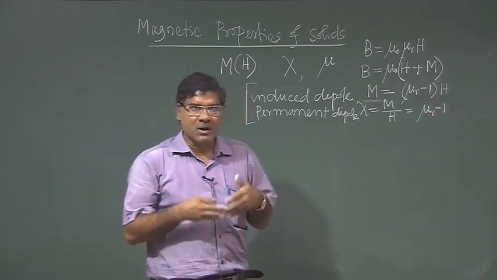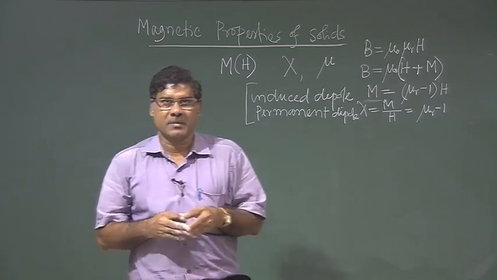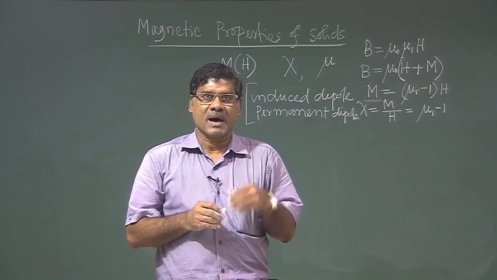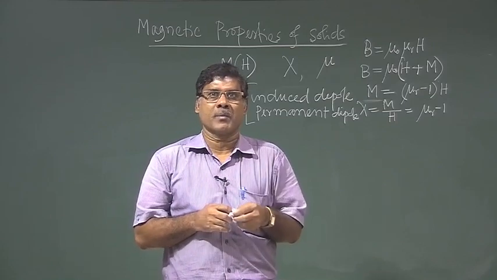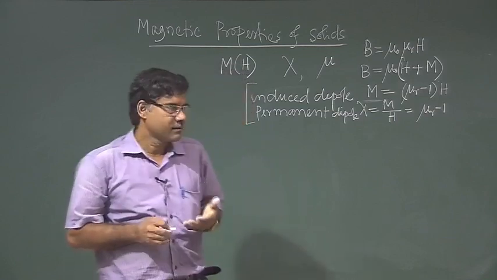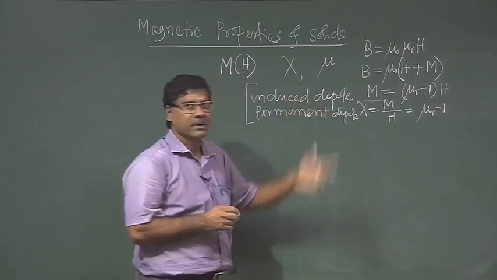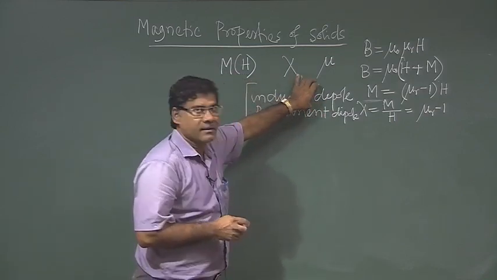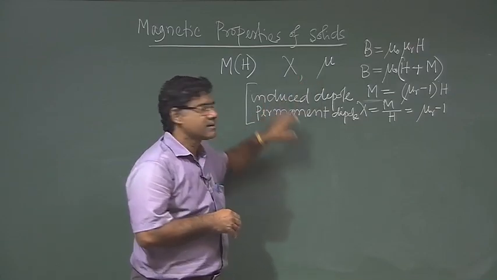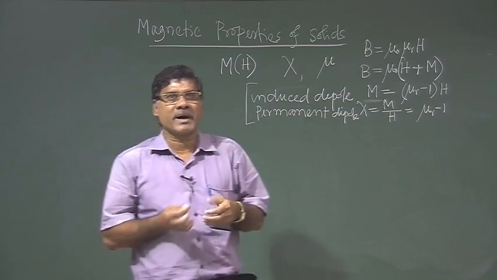The material does not have a dipole moment, but if we apply a magnetic field, the field induces a dipole moment in the material, and that we call the induced magnetic moment. So, this is present in the presence of a magnetic field, and the permanent one is present in the absence of a magnetic field.